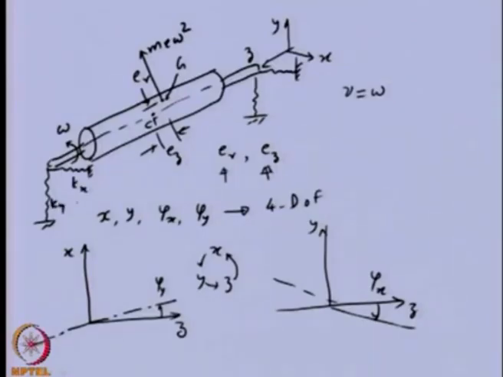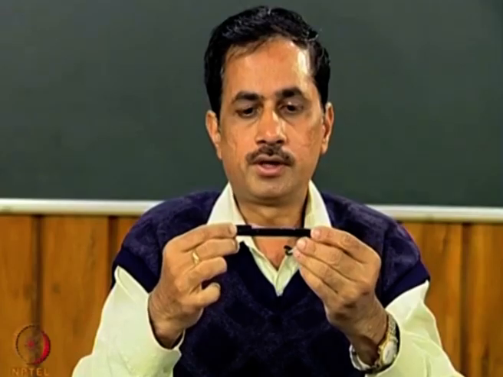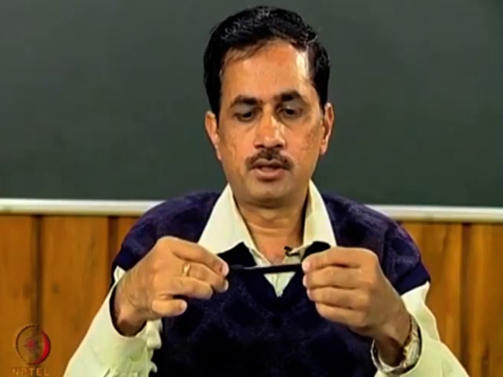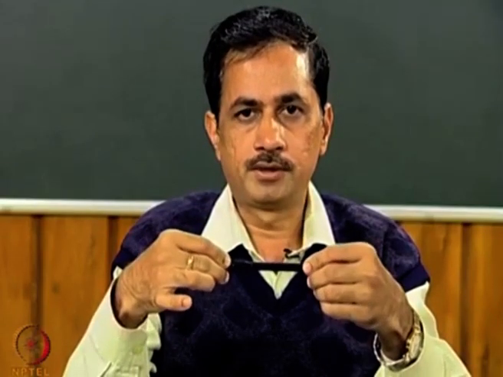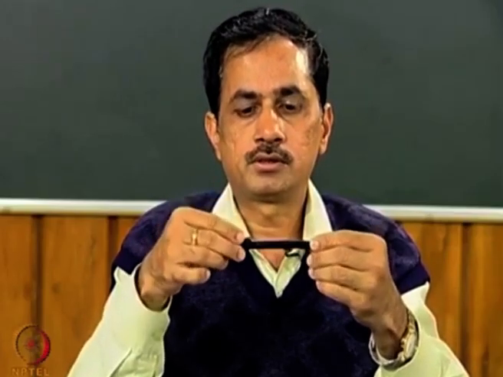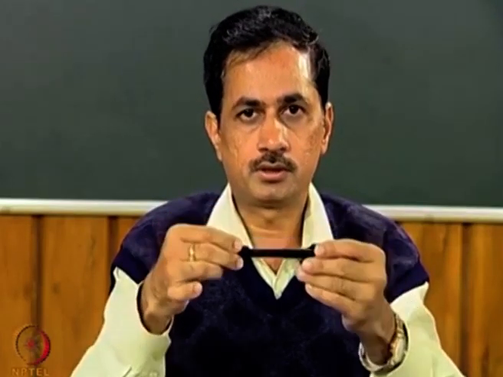ky, kx, ky. So, these springs are such that if we apply a vertical force at the center of the shaft of this particular rotor, we expect only the linear displacement in that particular plane, and if we apply a horizontal force, then it will have motion in that plane.